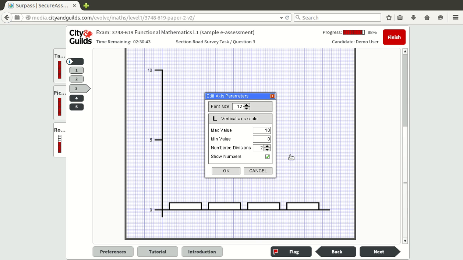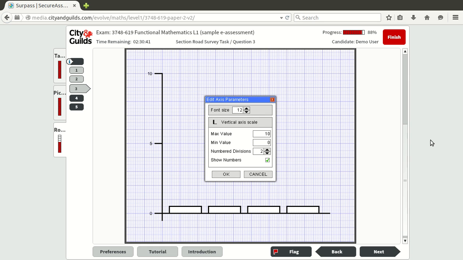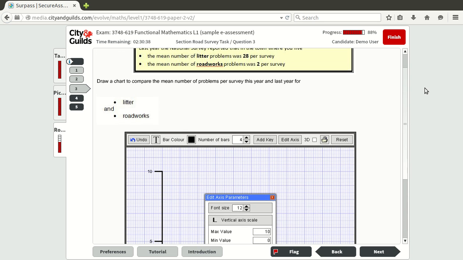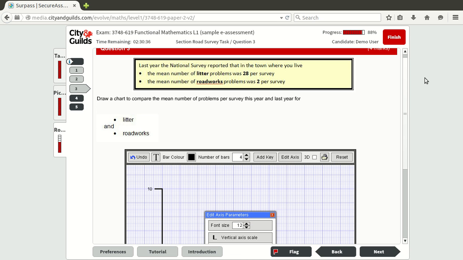Now the main thing about this, you always need to know what is your max value. So we know that our mean for litter this year was 20.75, which is well 21. So we know that the highest value that we'll get on our graph will be 28.